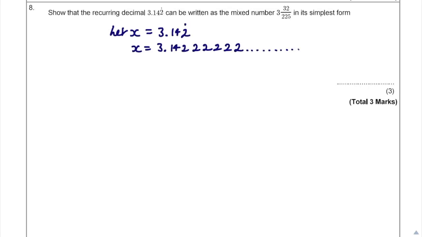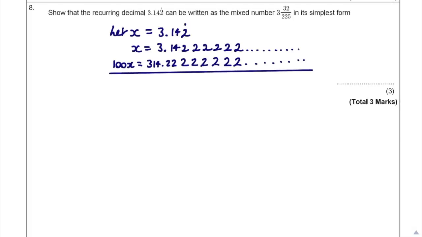And the way we can do that is we can multiply both sides of this expression by 100. So we can say 100x equals, that's going to be 314.2222222, and so on.